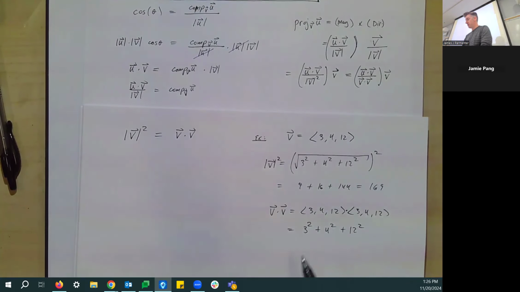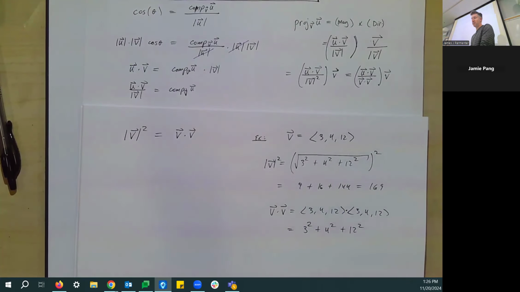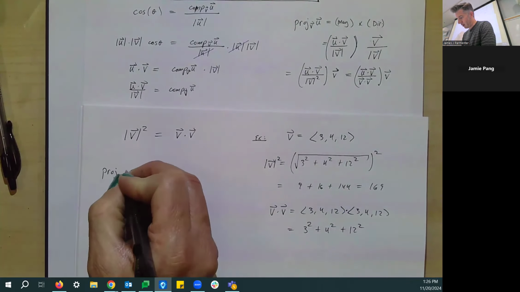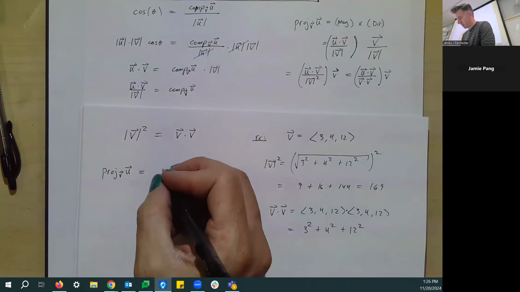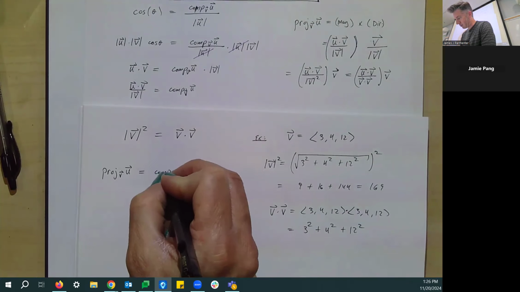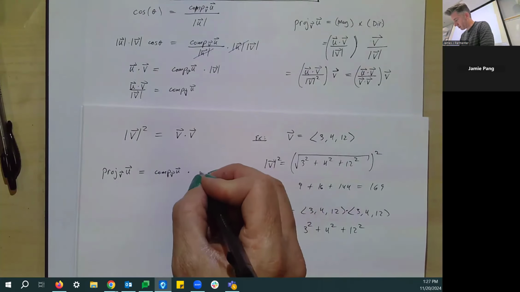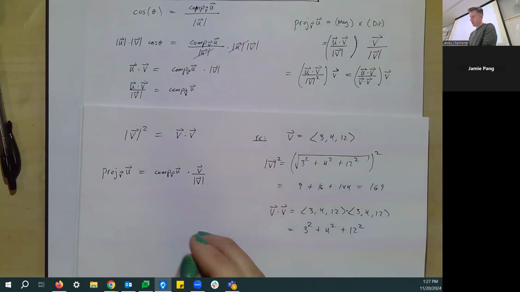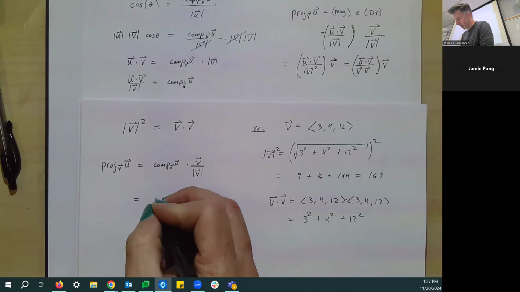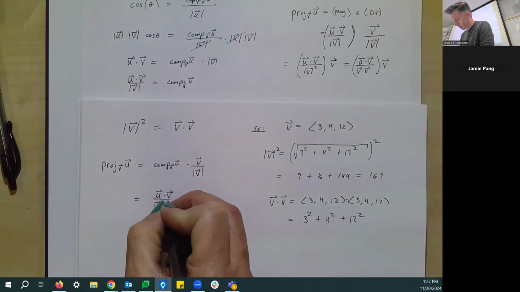So I like writing it this way personally. And I guess what I should really say is that the projection of u onto v, I would like you to think of it as just the component multiplied by the direction. But then the formula is u dot v over v dot v, all times v.